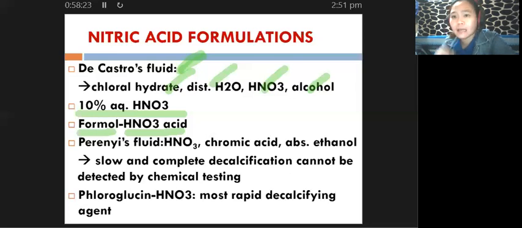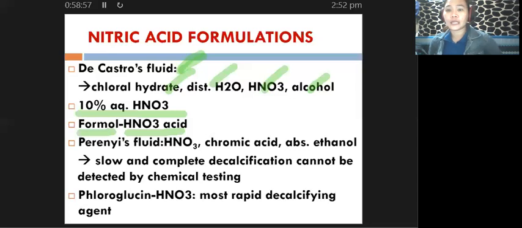So that means your fluoroglucine nitric acid contains two concentrations of nitric acid and is in the absence of an additive. That's why one characteristic of your fluoroglucine nitric acid is that it is considered to be the most rapid decalcifying agent.